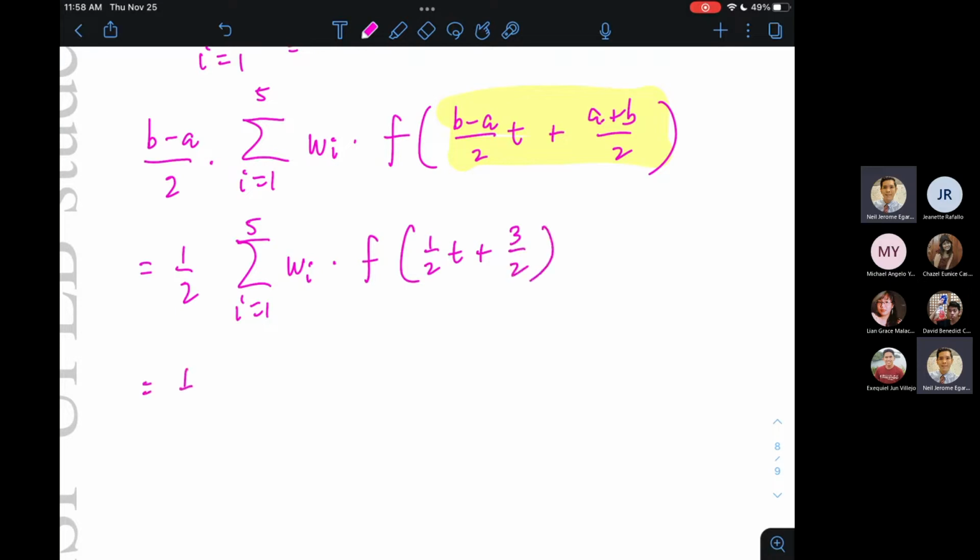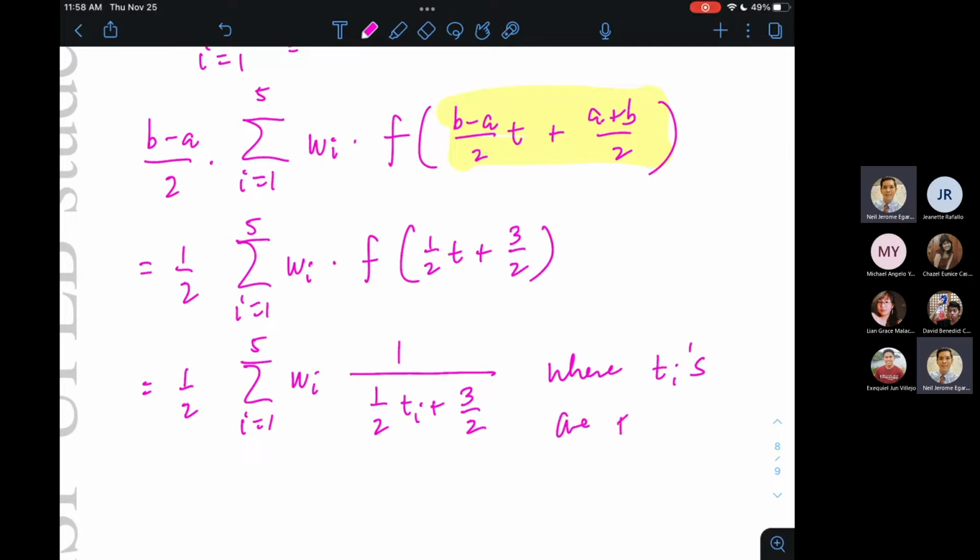Okay? Kaya lang, yung function natin ay 1 over x. So kung 1 over x yung function, ibig sabihin ipa-plug in ko ito as my value for x. It would be 1 over 1 half t plus 3 over 2, where the t's are the roots of the Legendre polynomial of degree 5.